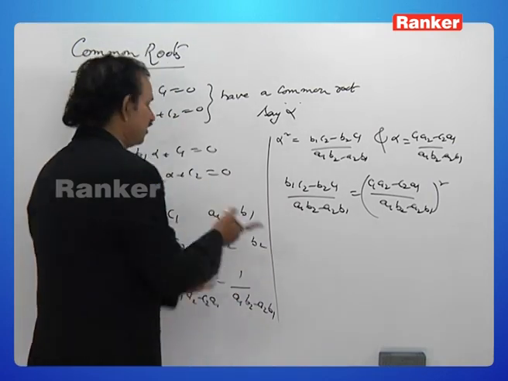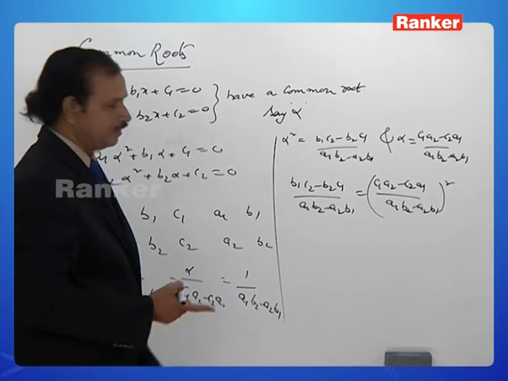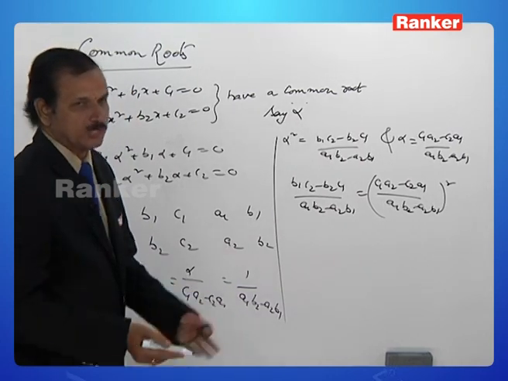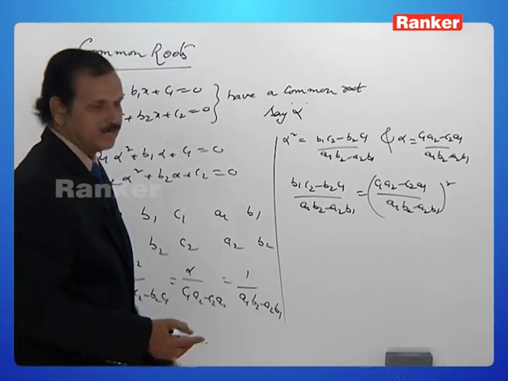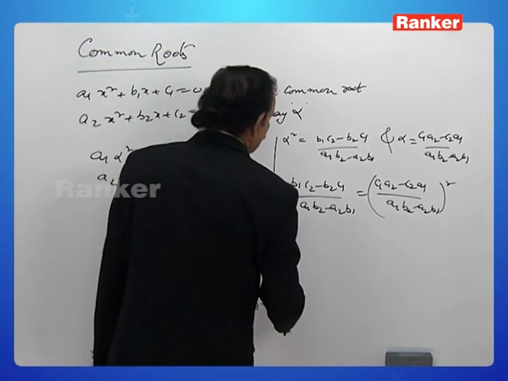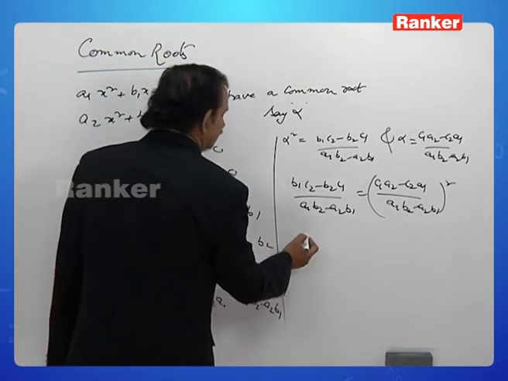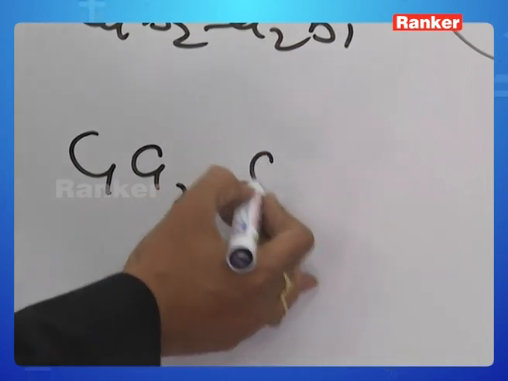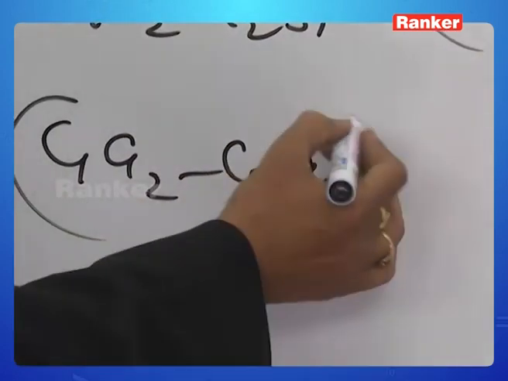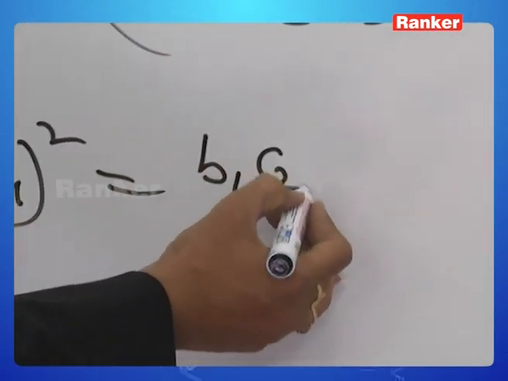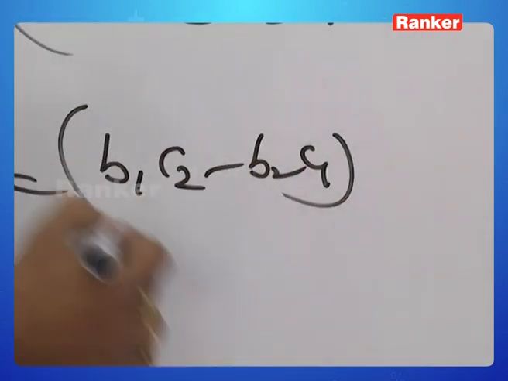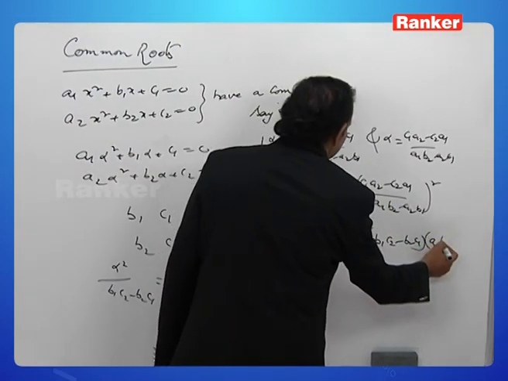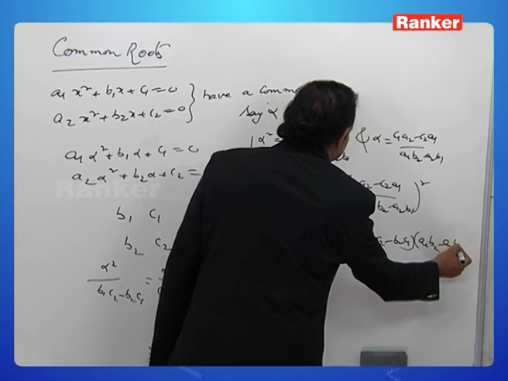These are two different equations, they do not coincide. Therefore, a1 b2 minus a2 b1 is not equal to 0. By cancelling that, we have c1 a2 minus c2 a1 whole square is equal to b1 c2 minus b2 c1 into a1 b2 minus a2 b1.